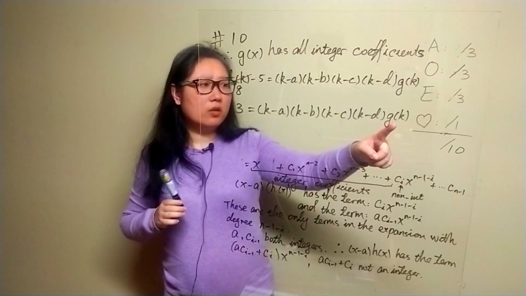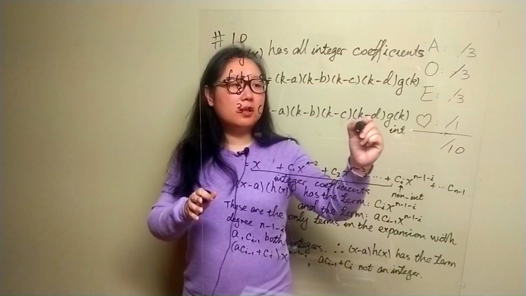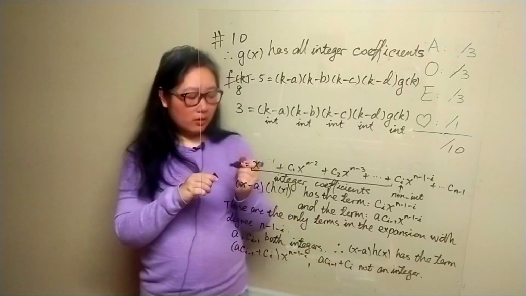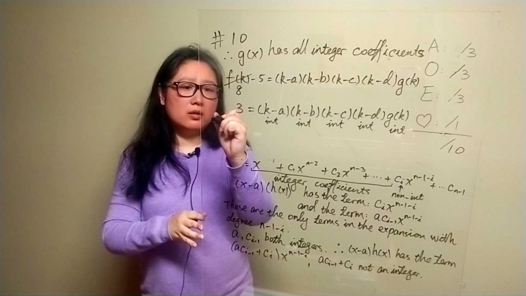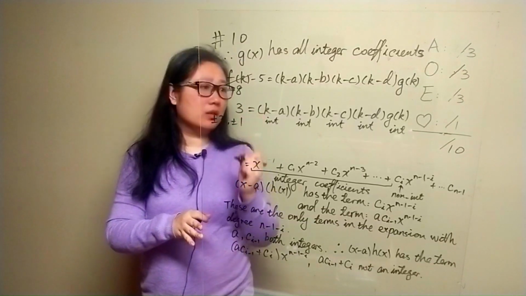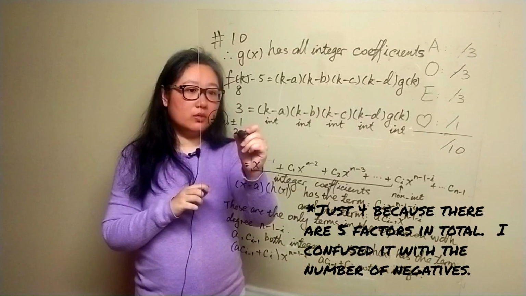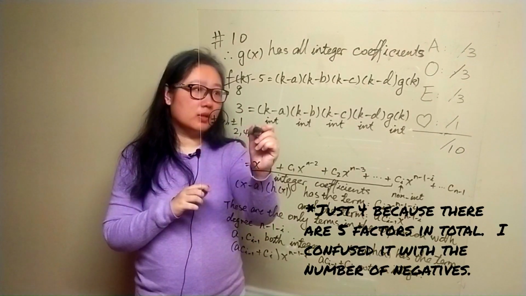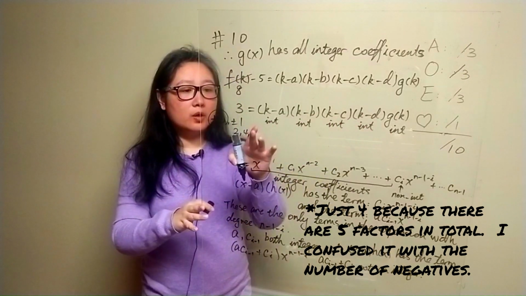This is our integer coefficient, so this is going to be an integer, and this is going to be an integer. They're all integers. Now the integer factors of 3 are plus or minus 3 and plus or minus 1. But we can have only one of these, and 2 or 4 of these.